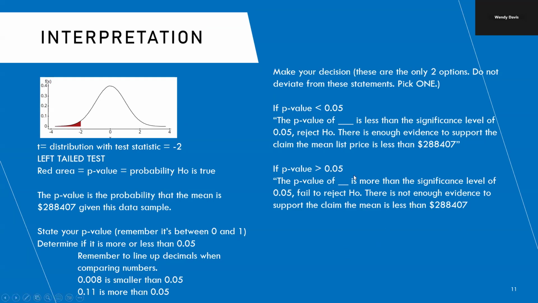If your p-value is more, the p-value of blank is more than the significance level of 0.05, fail to reject H0. There is not enough evidence to support the claim that the mean is less than 288,407. See what I have in quotes? You should type one of those based on your p-value compared to 0.05.